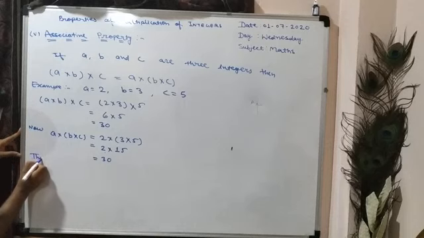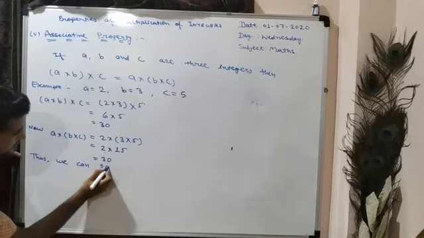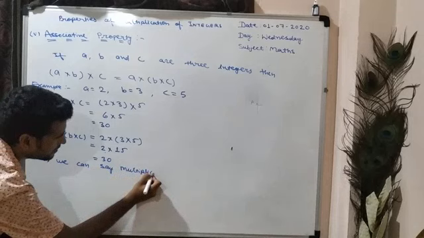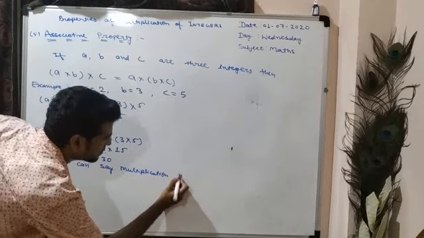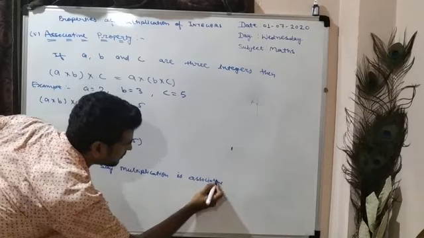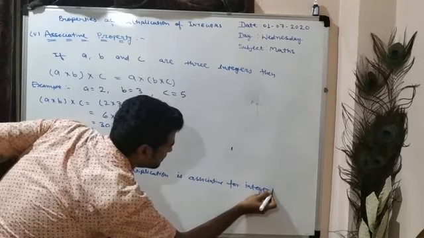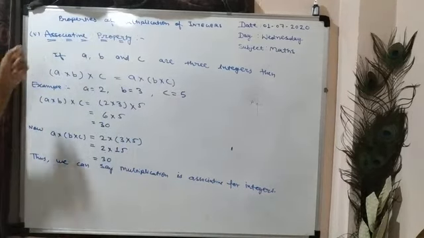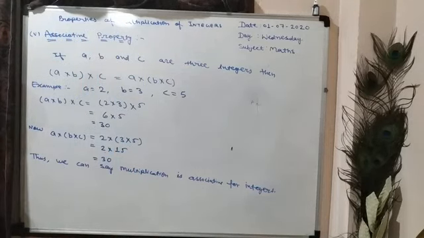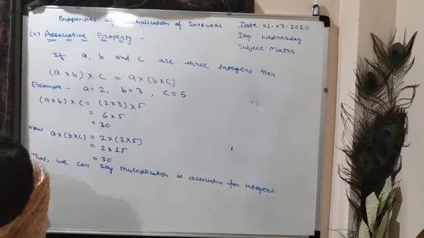Thus we can say multiplication is associative for integers. This is our fifth property.